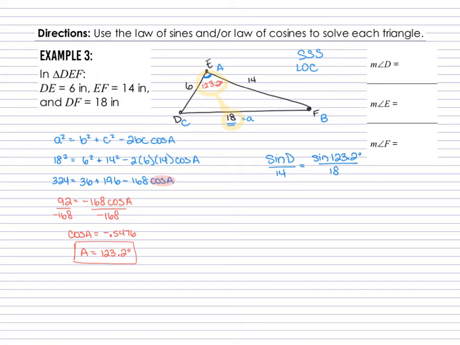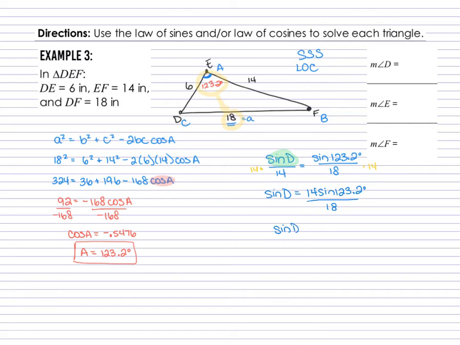I want to get sine of D by itself. To isolate it, I'm going to multiply both sides by 14. So I end up with the sine of D is equal to 14 sine of 123.2 degrees over 18.